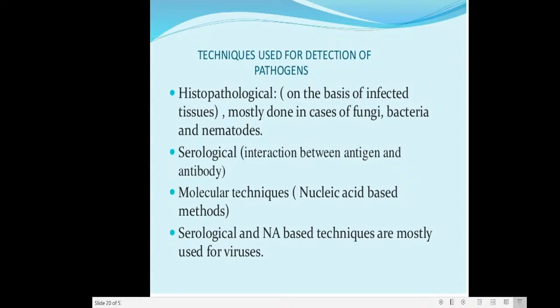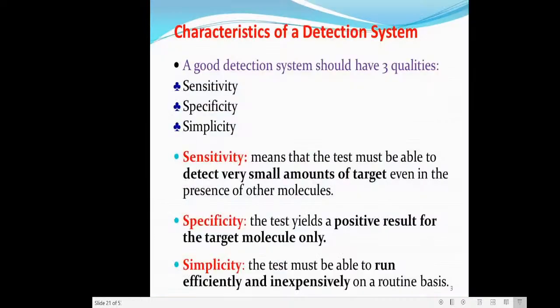In histopathological, we collect the infected tissue and can see whether it is infected by bacteria or fungi. Serological checks the interaction of antigen and antibody. And molecular techniques are nucleic acid based, a tedious, long term process.